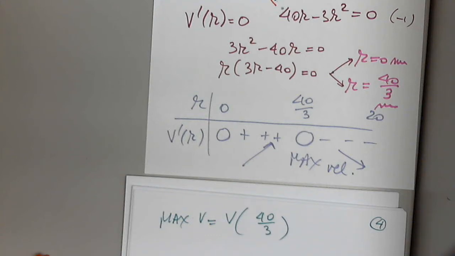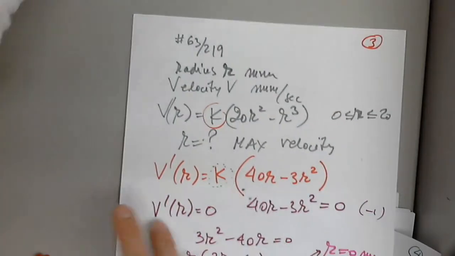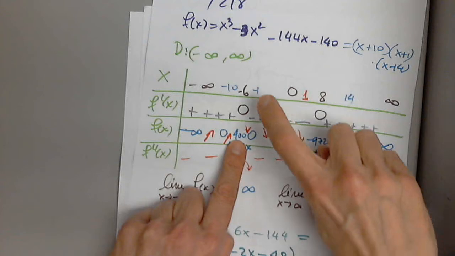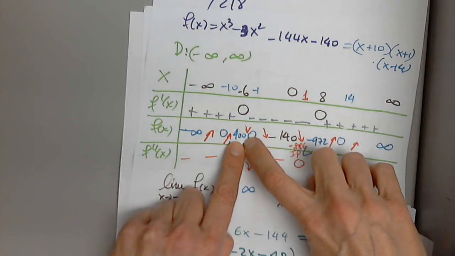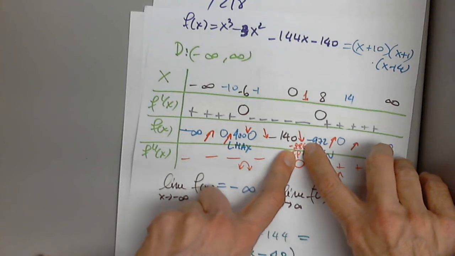Yes, please. When I want to find my max velocity and plug in my 40 over 3, should I plug that into my original problem or my derivative? Not in the derivative. My original. Yes, remember this. Very good question. Thank you for asking. How did we find all these points? For -6, I plugged in the function. For 1, I plugged in the function.